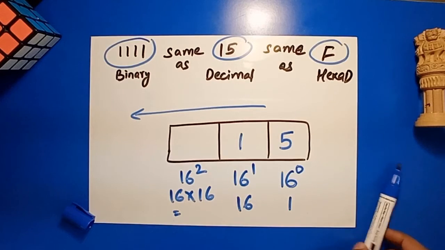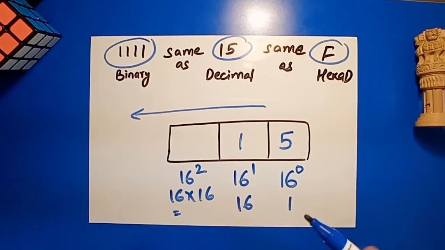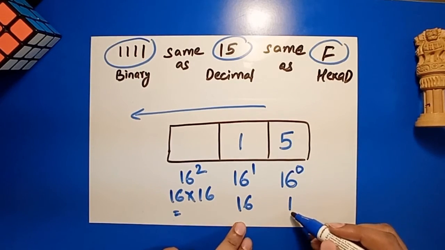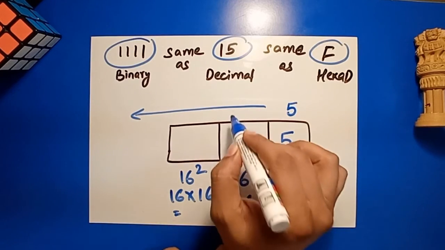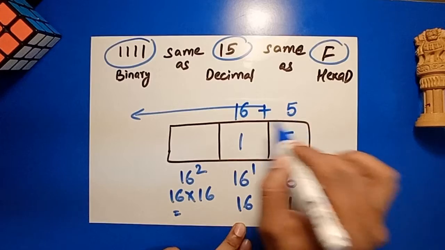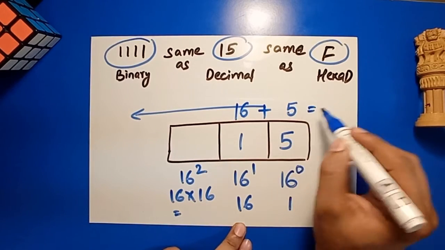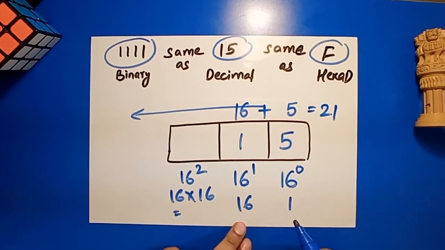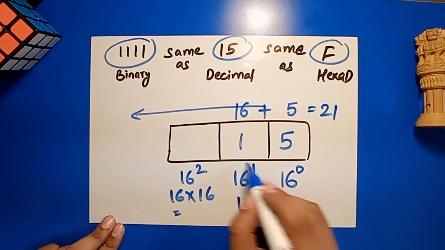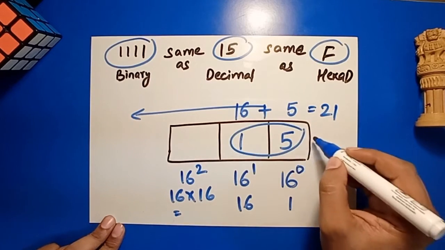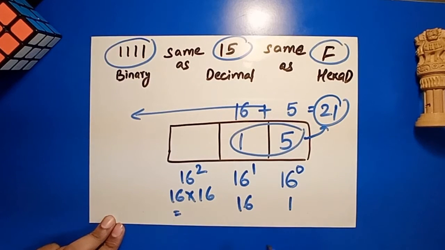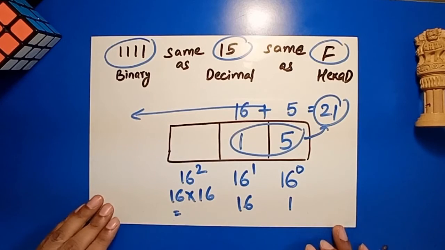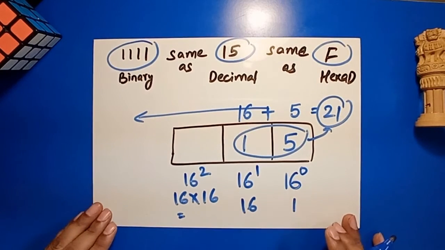Now 15 in hexadecimal, what will it be? 5 multiplied by 1 is 5. 1 multiplied by 16 is 16. 16 plus 5 is 21. So 15 in hexadecimal is the same as 21 in decimal. I hope you are not pulling out your hair by now, but maybe watch this video one more time.